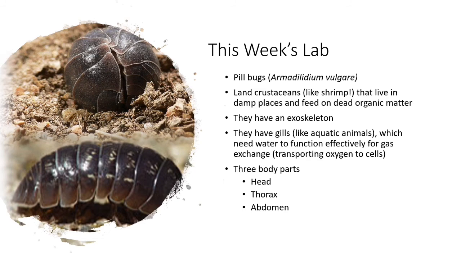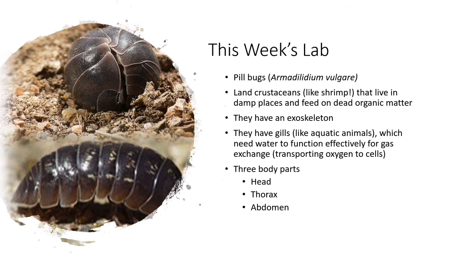They also have an exoskeleton, which is basically that their skeleton is on the outside. Like us, like humans, our skeleton is on the inside. We have an endoskeleton. Pillbugs also have gills, like the aquatic animals, like the shrimp, their relatives. And so gills, like the aquatic animals that live under the sea, need water to function effectively for gas exchange.